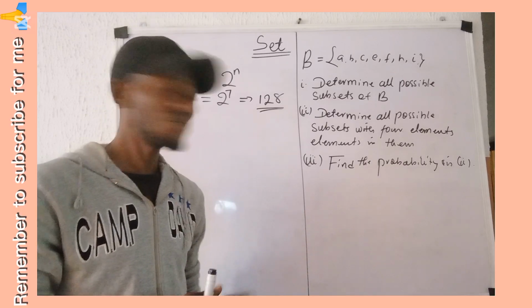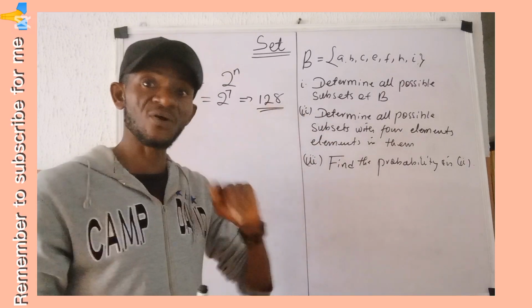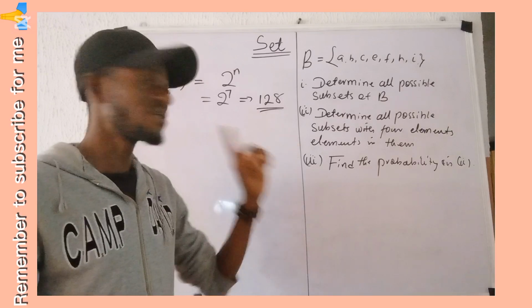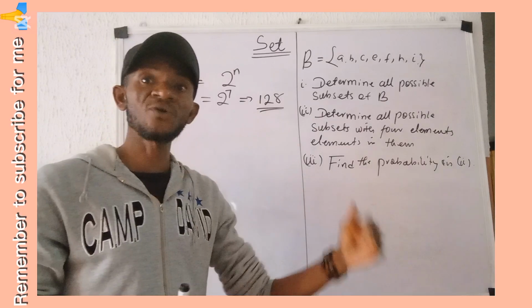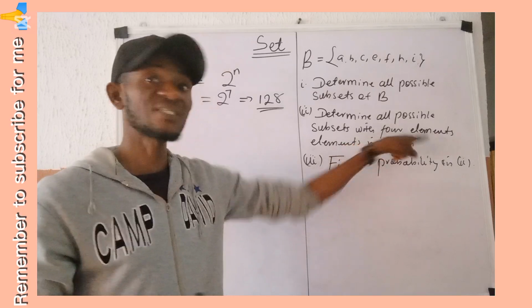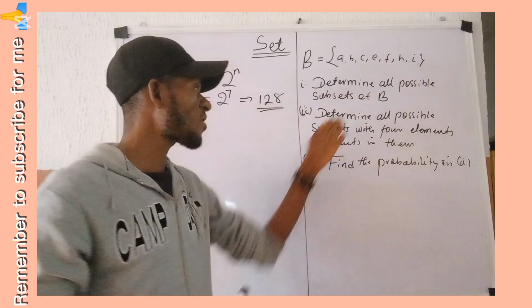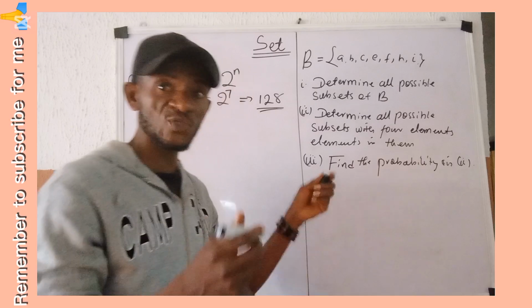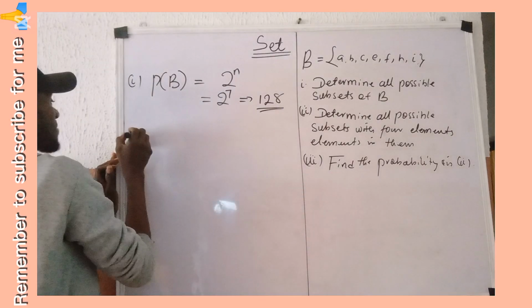This question II has given a condition. That condition is that all the subsets that we are going to give must contain only 4 elements inside them. So for us to solve question II, we are going to use this formula.